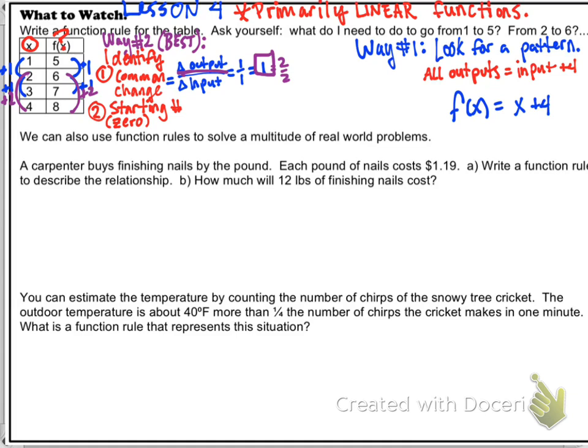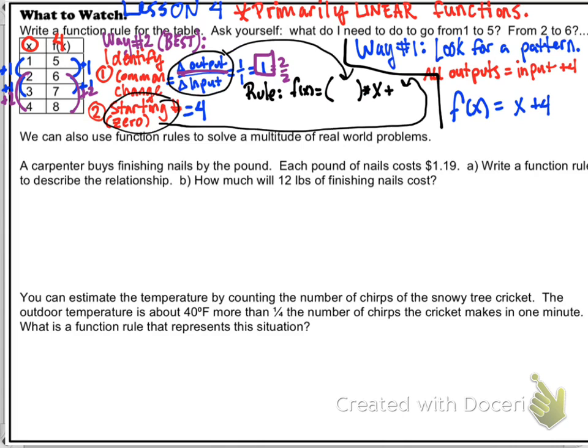Now, for the 0 number, just continue the pattern backwards. What would I have if I plugged in x of 0? I think you can see that that would be a 4. That's my starting number. So that's going to give me my function rule. It's going to be the output over the input times x plus the starting number, which in this case gives us this.